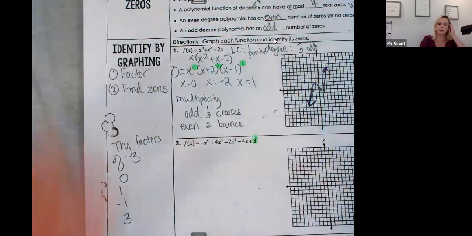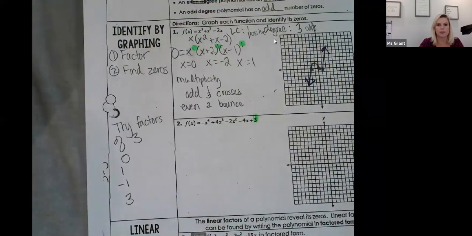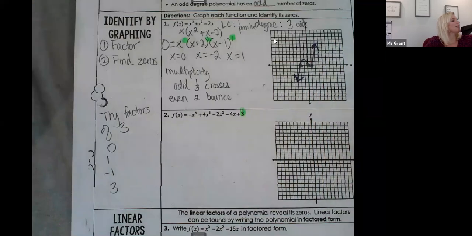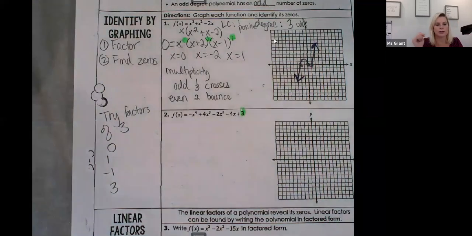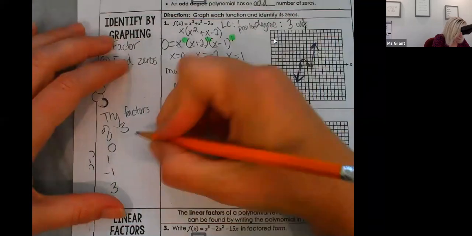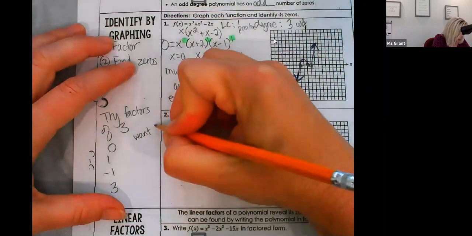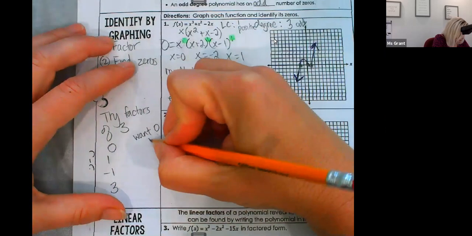Those numbers go into 3, don't they? So I'm going to try those 4 numbers, and I'm going to try them by plugging them in. I'm not going to do synthetic division. I could absolutely do synthetic division for every single one of these and try it. Remember, I want a 0 remainder.